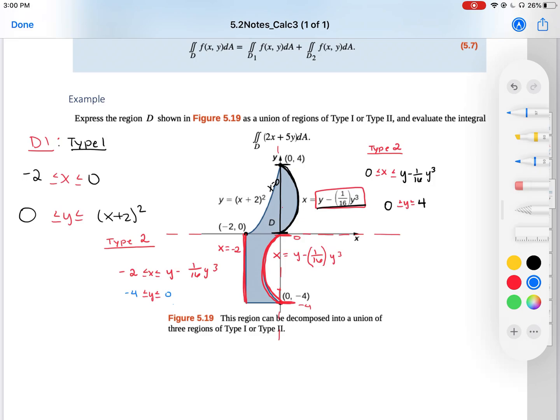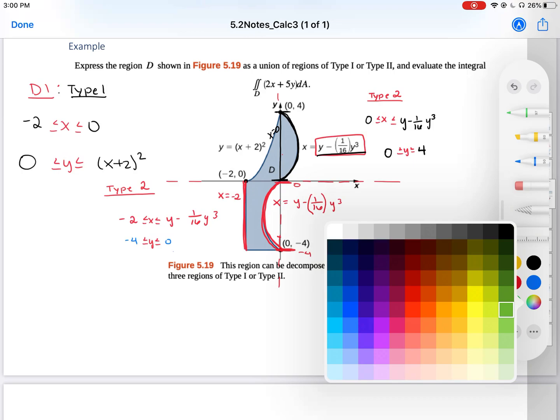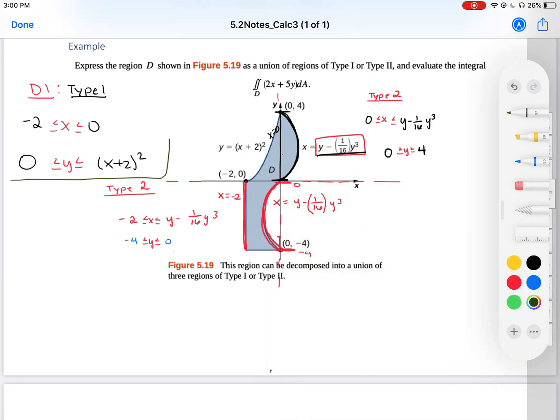We're going to write it as a sum. So let me write this first one. Let me pick a darker color than that green. Let's take this first region, this D1, and write an integral for that portion. So we have type 1. For type 1, we were looking at the x. So type 1 means let y be first in integration.